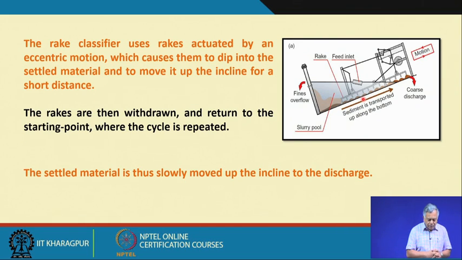Now, this is called a rake classifier. The rake classifier uses rakes actuated by an eccentric motion, which causes them to dip into the settled material and to move it up the incline for a short distance.